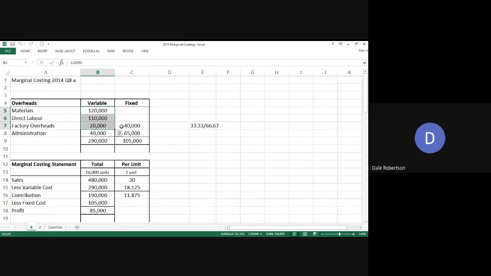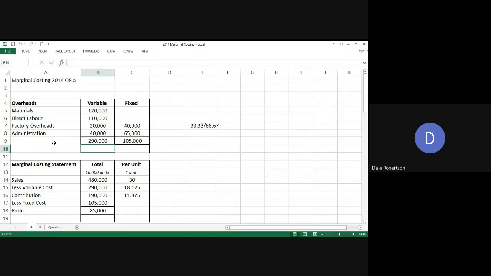That means the other 2/3 is a fixed cost. And then it says about administration expenses, 65,000 of the administration expenses are fixed, which of course means that the remaining 40,000 are variable. So when you put all of that information in there, you're going to get a variable cost of 290,000 and a fixed cost of 105,000.